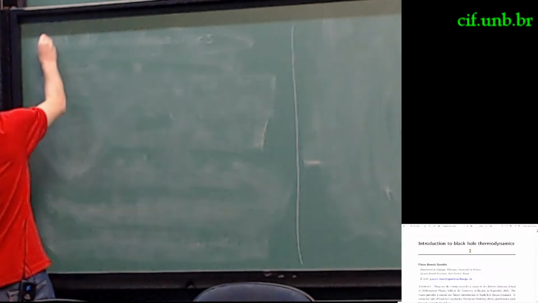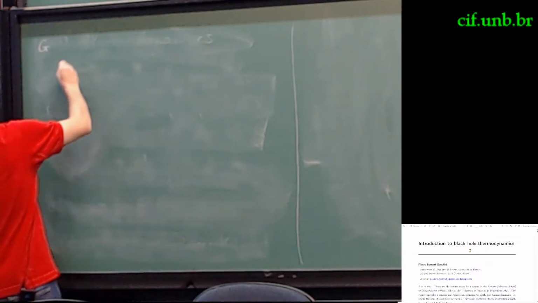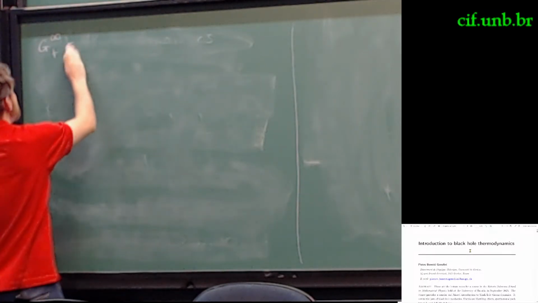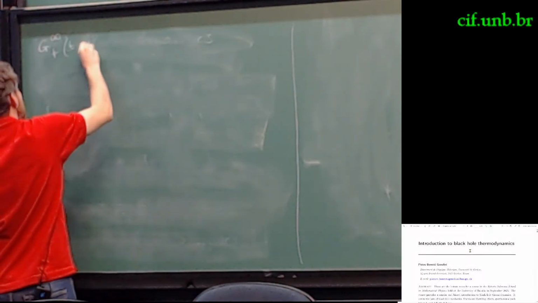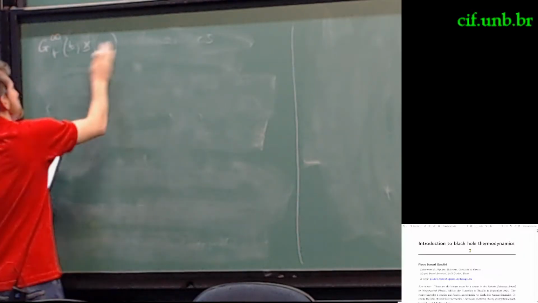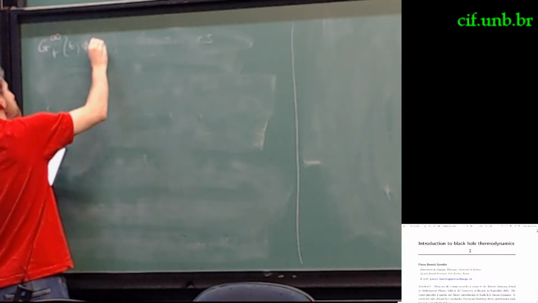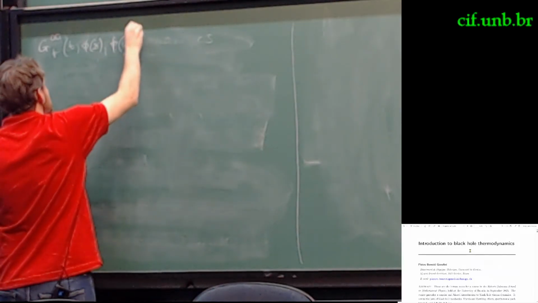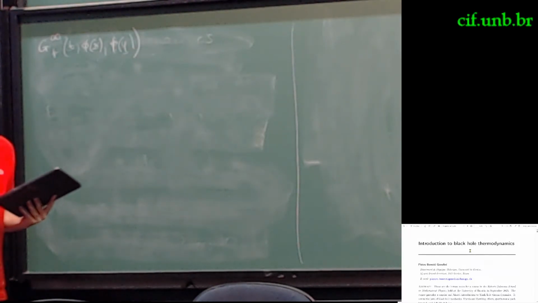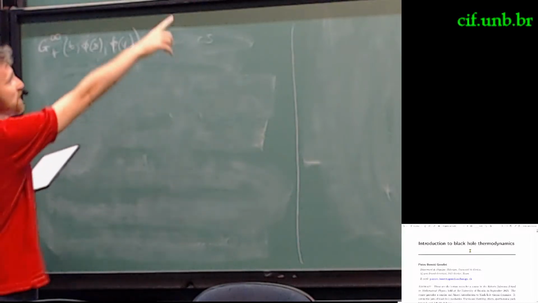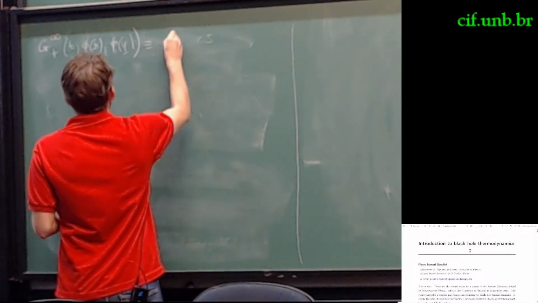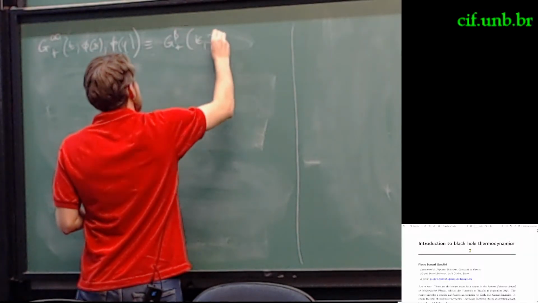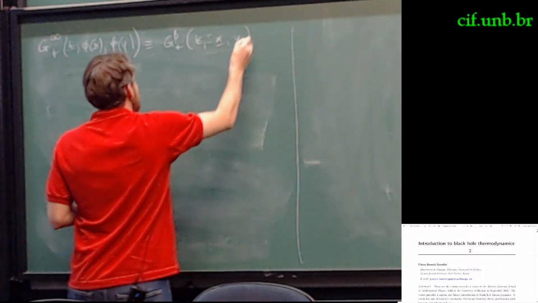We define the two-point function with the plus in the same way as above. This stands for phi of x, phi of y. These are two different operators, A and B, in the same way that I did there. So I will abbreviate this as G plus beta, T, x, y.